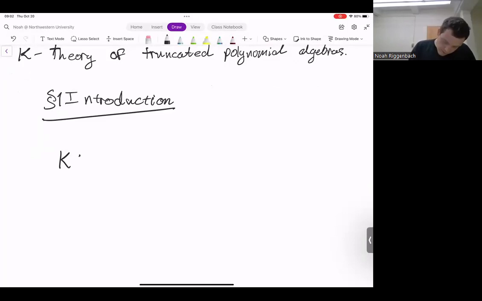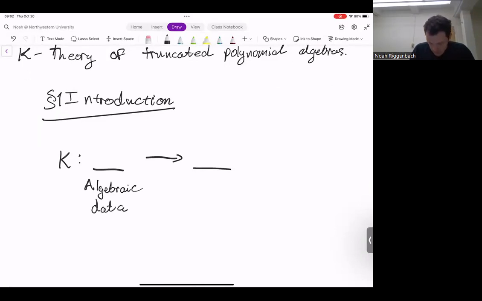Well, it's a functor from something to something else. The source and target can both be extremely general. It more or less depends on what you're willing to put up with. But the rough idea is it takes in some algebraic data, thought of in the loosest possible terms, and it'll spit out a spectrum.